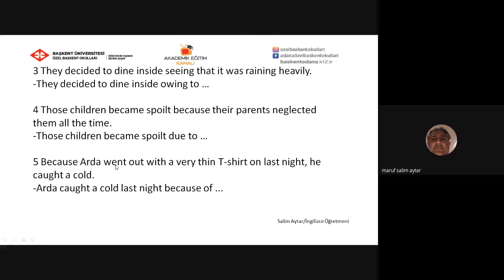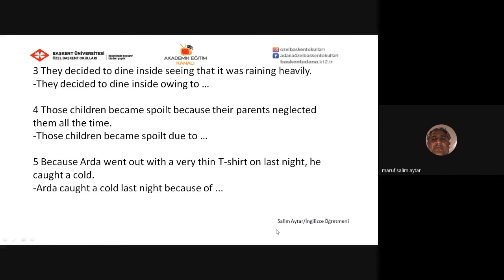How do we make it into a noun? So we take the base form of went. What is the base form of went? Okay, go. And we add ing to the end of it. Okay, and it becomes a noun.